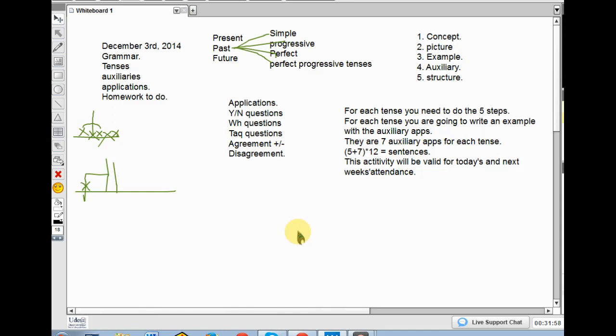So, here you have the grammar for today's session. Tenses. How many tenses? 12. The applications. You have the applications and homework to do. That is the homework that you are going to do for this session. Okay?